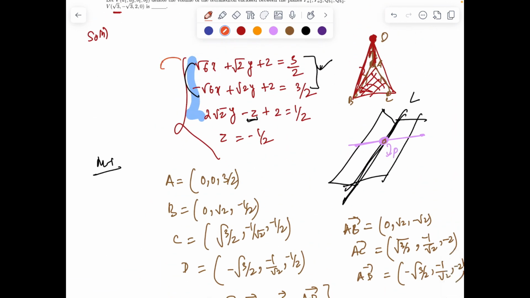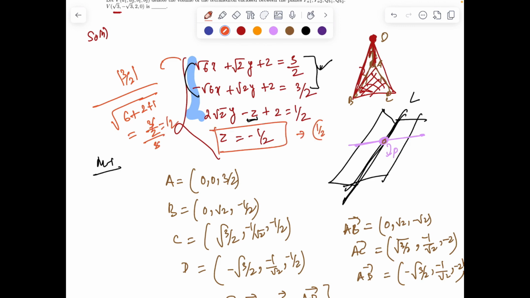From 0, 0, the first one is 3 by 2 over root of 6 square plus 2 square plus 1 square. So that's basically 3 by 2 by 3, which is half. Similarly, the distance from the origin to z equal to minus half is half. Distance from the origin to the third plane is half. The fourth plane and first plane, all are half. So all these planes are at equal distance from the origin.